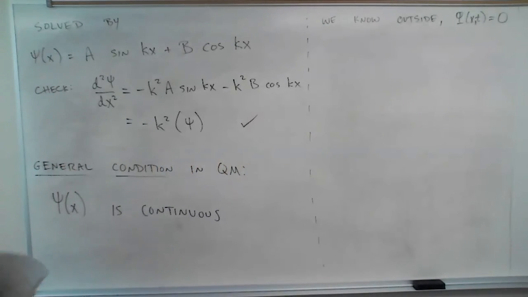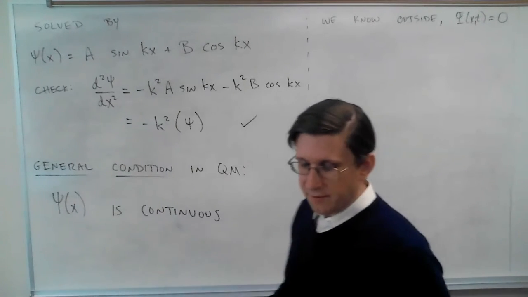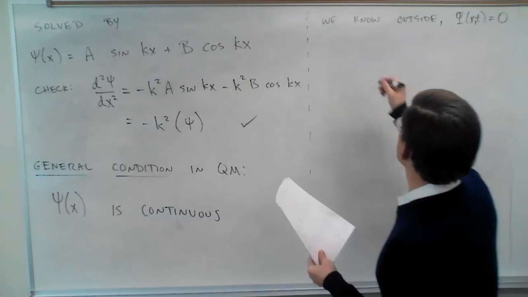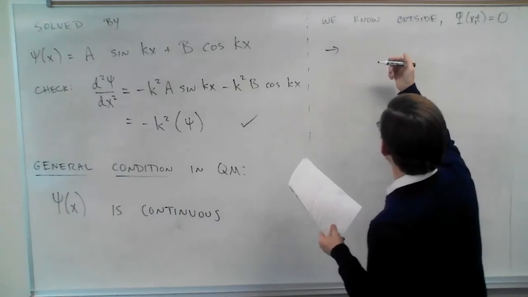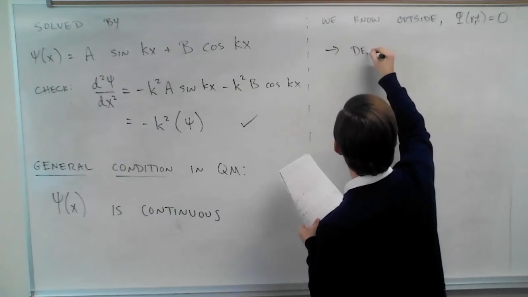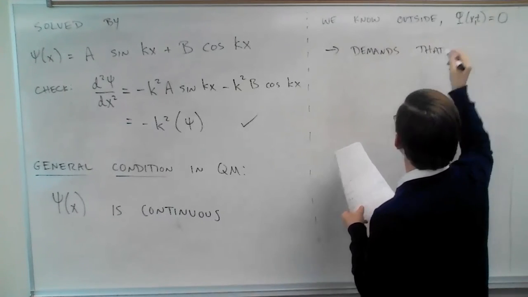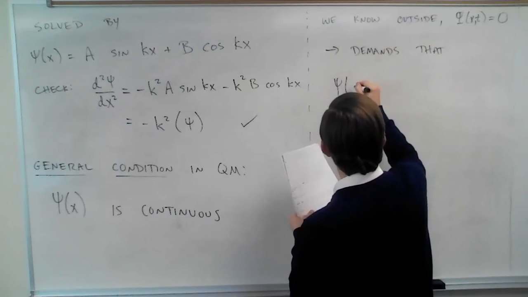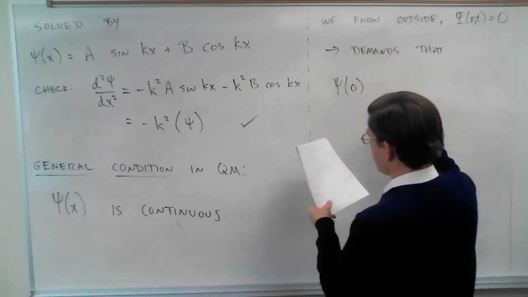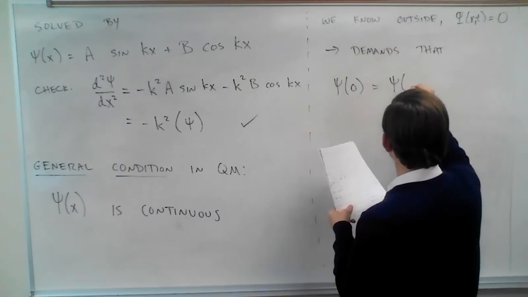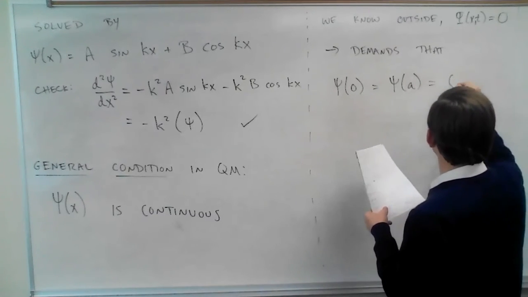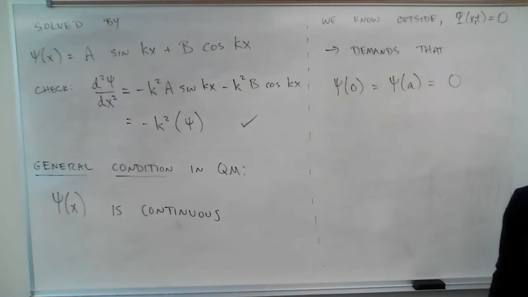And so if the spatial part of our wave function, psi of x, is continuous, then these two conditions together demand that little psi of 0 is equal to little psi of a, and they're both equal to 0.